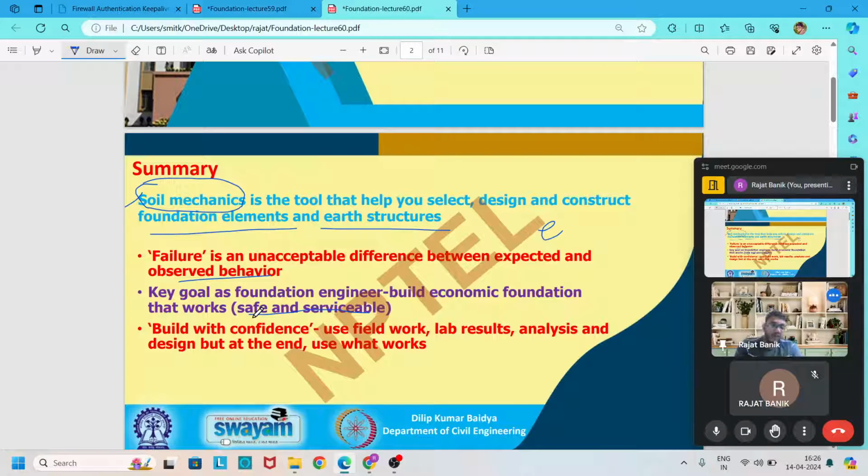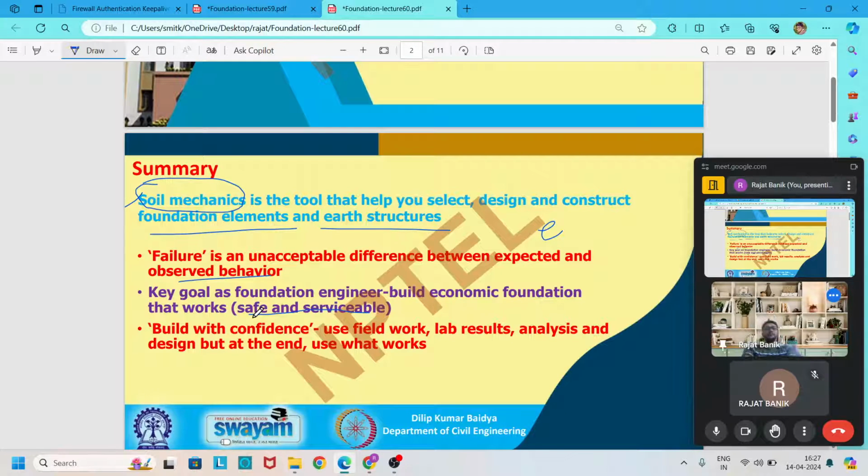We easily go for the shallow type foundation, which is very cost effective compared to the deep foundation. Then, build with confidence. That means use field work, lab results, analysis, design, but at the end use what work.